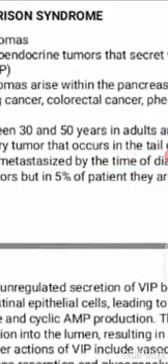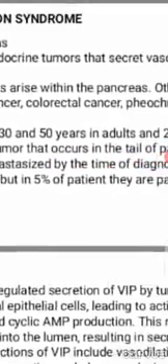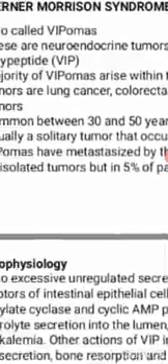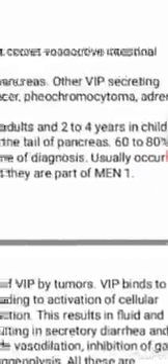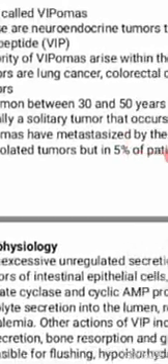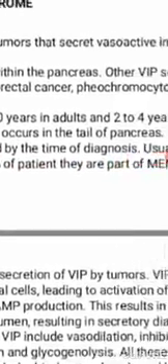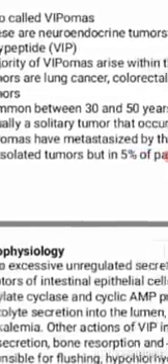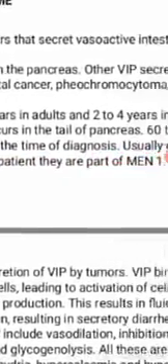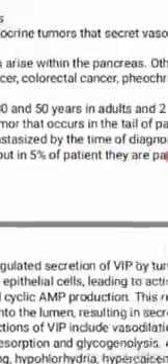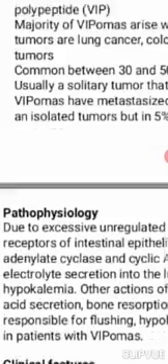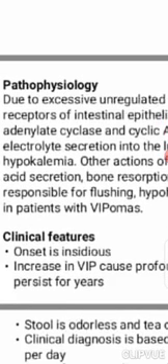VIPomas have tendency of metastasis. They can move to different parts of the body. Then usually they are sporadic, and they can be isolated tumor, but they can be part of MEN type 1, just like gastrinoma. You can see that this MEN type 1 is very notorious. Gastrinoma is also part of the MEN type 1.